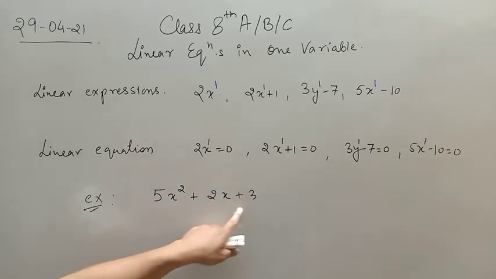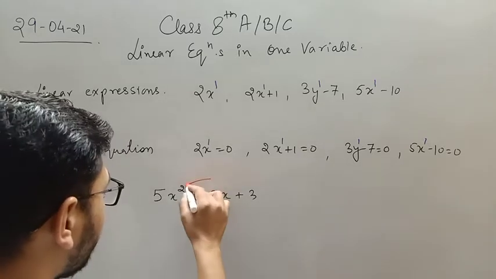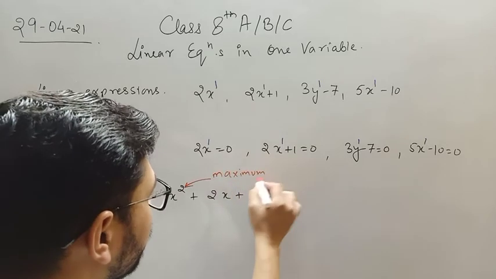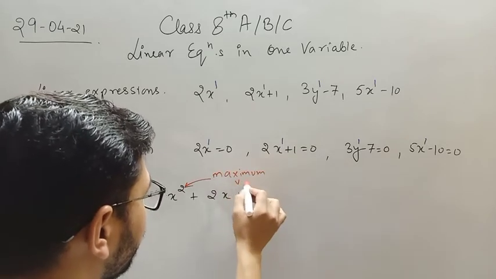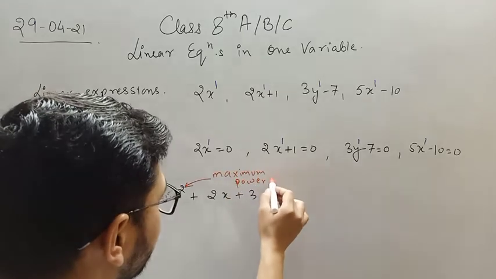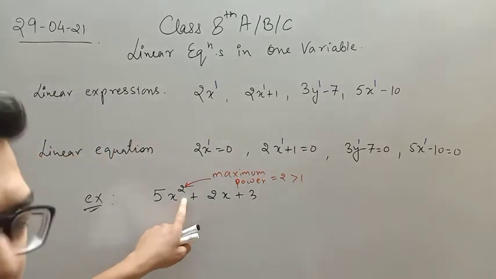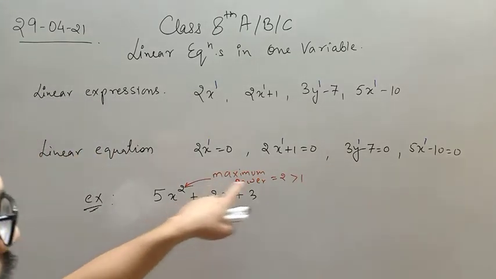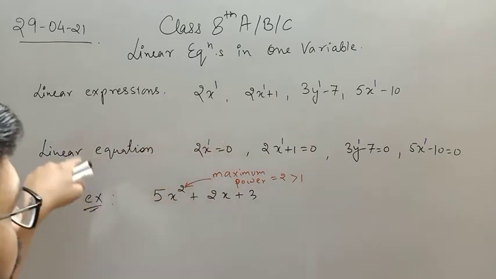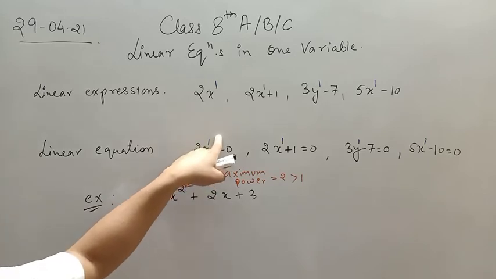No, it is not a linear equation because the maximum power is equal to 2, which is greater than 1. The maximum power of the variable is 2, which is greater than 1, and what we have learned here is that in linear expressions or linear equations the maximum power of a variable can be equal to 1.